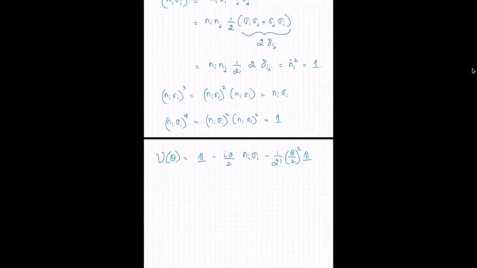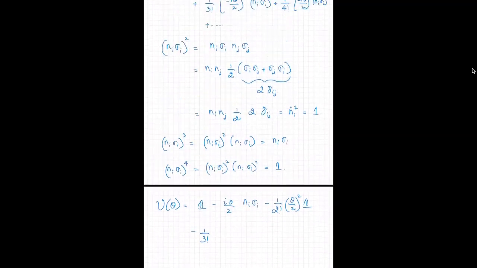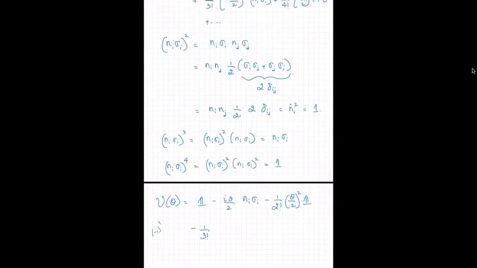The fourth term is minus 1 over 3 factorial, no sorry, this is plus, (minus i) cubed is minus i squared times minus i. Sorry about that.